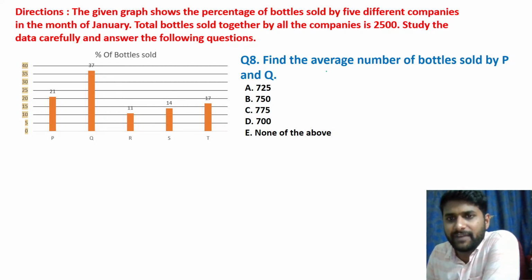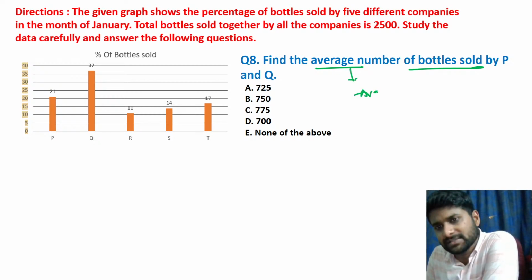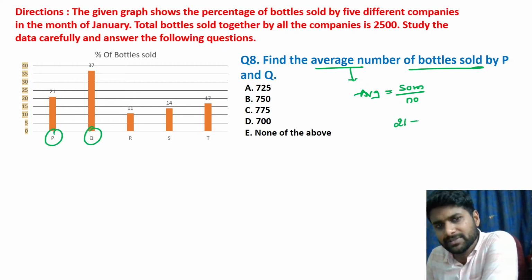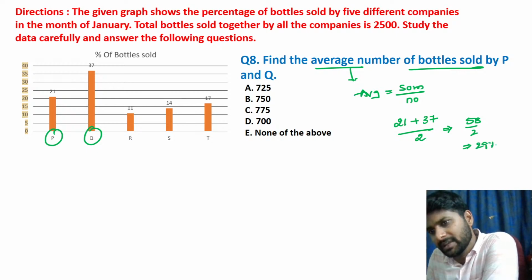See the next one. Find the average number of bottles sold by P and Q. You already know that average completely depends on the sum of observations divided by the number of observations. Here we have to calculate only P and Q. So here 21 percentage plus 37 percentage divided by 2 first of all. The value becomes 58 by 2, which is equal to 29%.